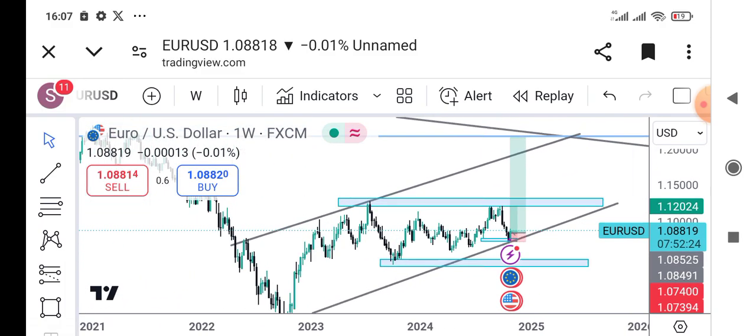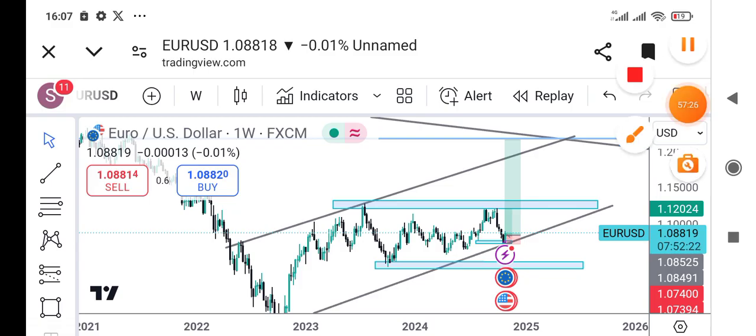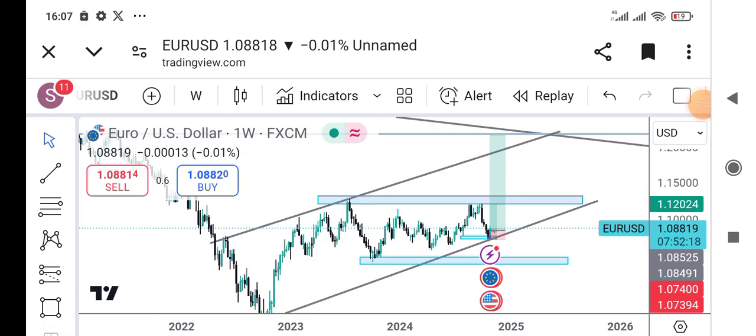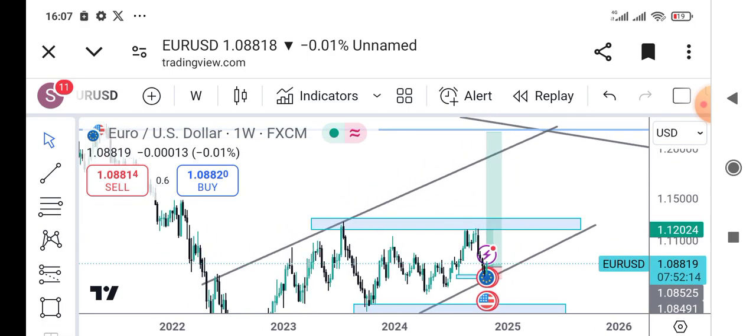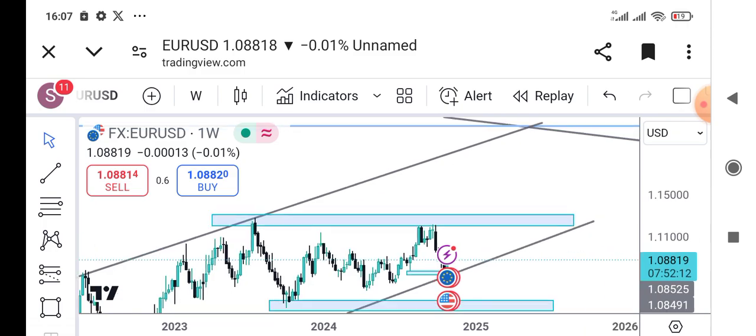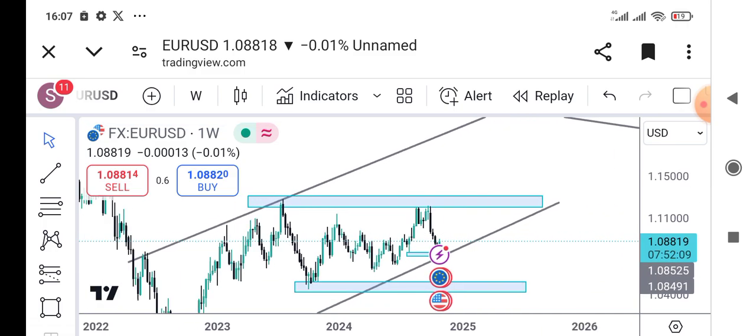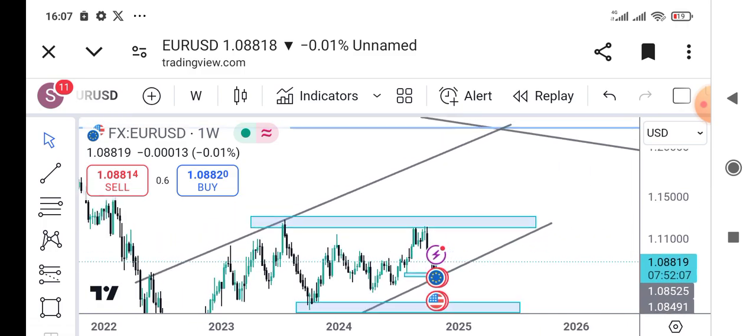God willing, we'll do price action also, so that nobody is supposed to lag behind.